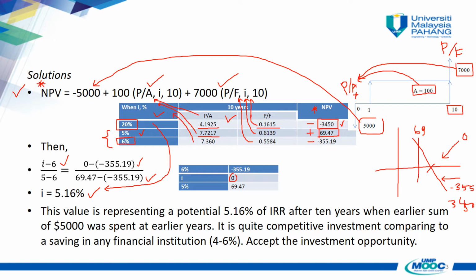It is, however, quite a competitive investment compared to saving in any financial institution. Okay, the majority will give you 4 to 6%. If I were you, I would accept the investment opportunity.